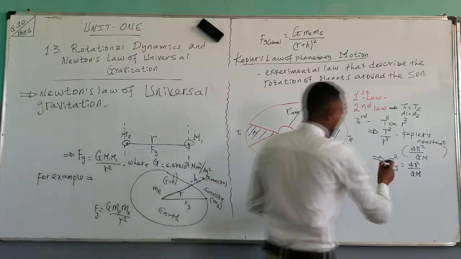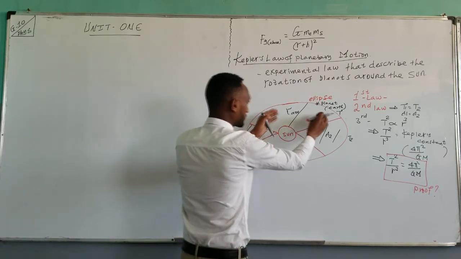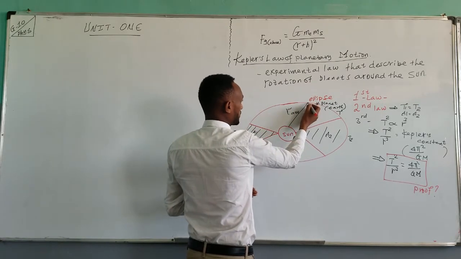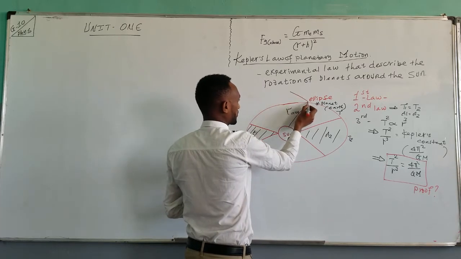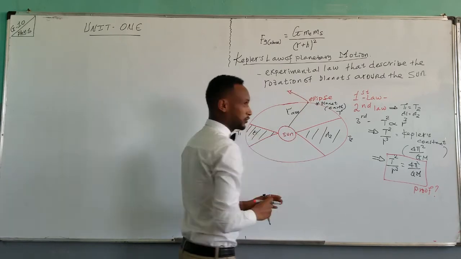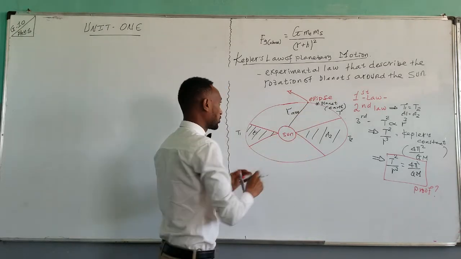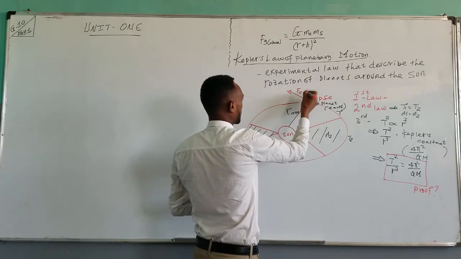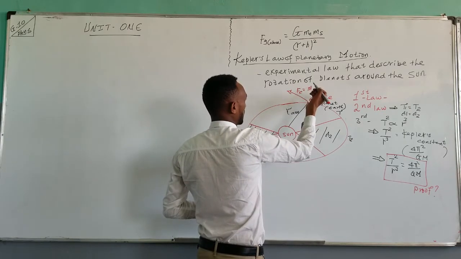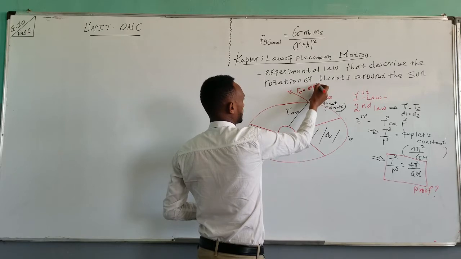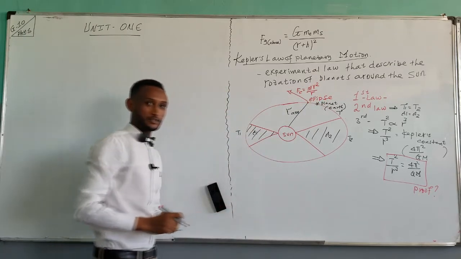Let's prove this equation. You know that when the planet orbits the sun, at this point we have a force. That force keeps the planet at this distance. It is called a centripetal force, which is represented by the mass of the planet times the speed squared over the distance.